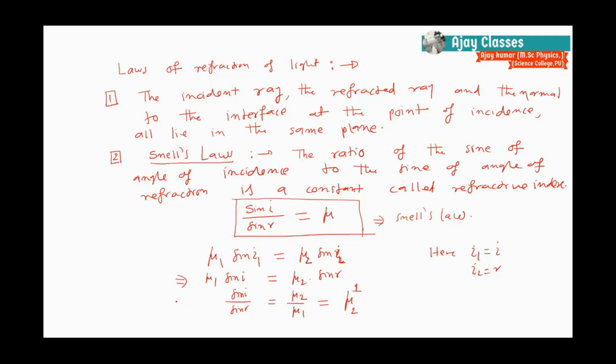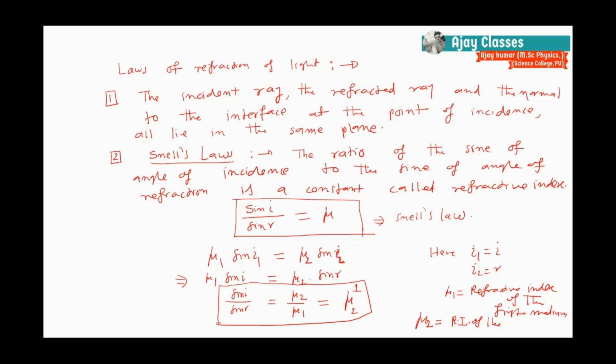This is the way to express Snell's law in terms of refractive index when light travels from one medium to another, where mu1 is the refractive index of the first medium and mu2 is the refractive index of the second medium.